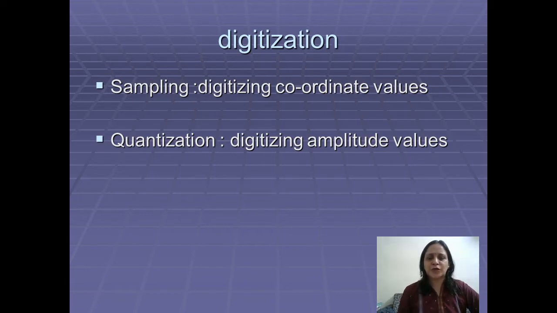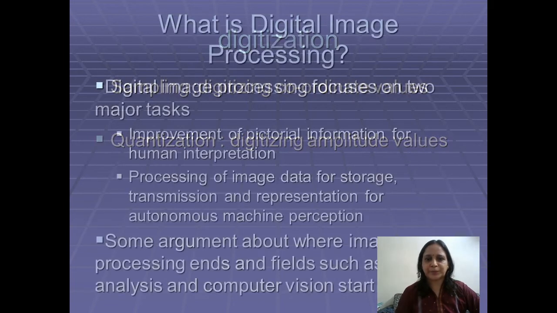In short, as a part of our image processing techniques, there are two dimensions that we have: coordinate values and amplitude values. We are digitizing both these things. Digitizing the coordinate values is nothing but sampling. Digitizing the amplitude values is nothing but quantization. These two techniques are very important when you want to digitize this particular image.